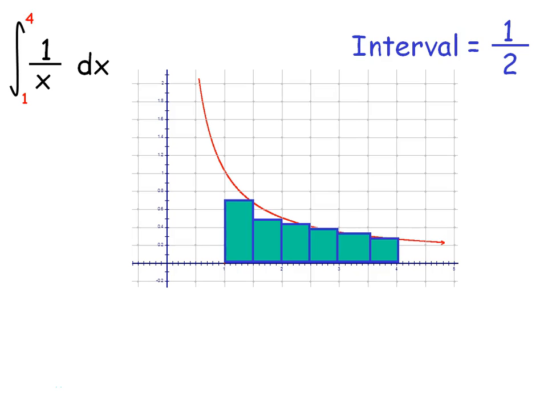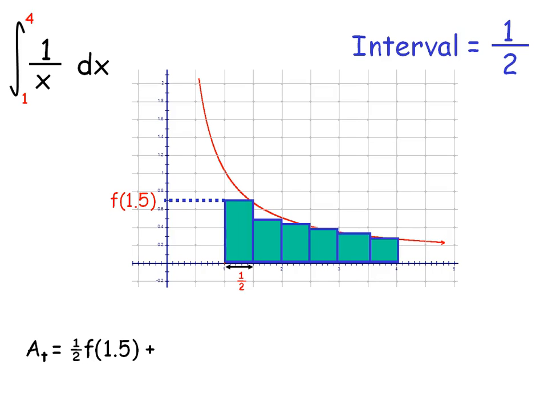As we calculate our area, looking at just that first rectangle, the base of the rectangle is 1/2. The height of the rectangle is going to be the function at 1.5. So the area of the first rectangle will be 1/2 times the function at 1.5, plus, and then we do the next rectangle.